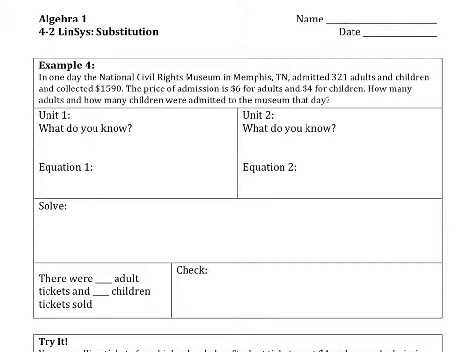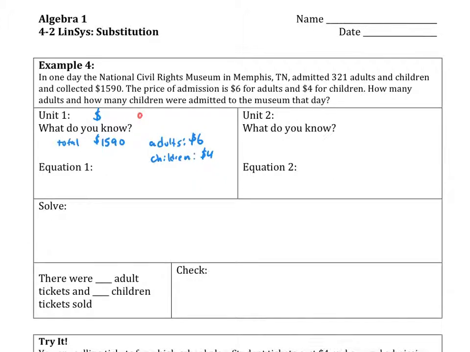So in unit 1, if I'm thinking about dollars, I know that the total is $1,590. And I know that adults cost $6, and children cost $4.